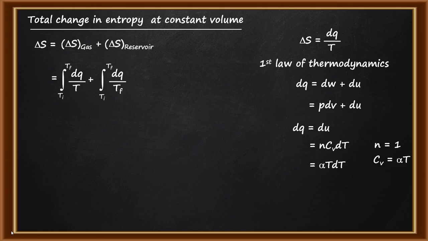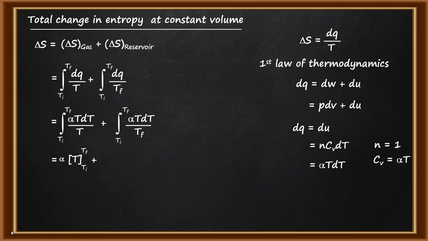So we'll put the same value in this integration term. This will be equal to integration from Ti to Tf alpha T dT divided by T plus integration from Ti to Tf alpha T dT divided by Tf. Now in the first term, T will get cancelled. So this will be equal to alpha, the integration of only dT will give T from Ti to Tf, plus here alpha and Tf both are constant terms, and the integration will take place for T dT, which will be T square by 2.